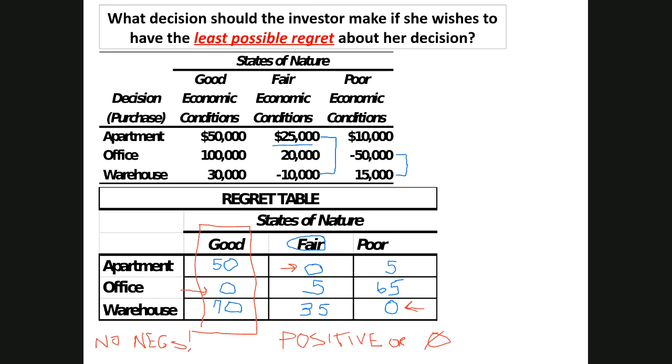All right. And so now our goal is that we want to avoid regret. And again, I said earlier that the process we're going to use is the minimax regret. In order to calculate that, we look at each one of these possible decisions and choose the maximum regret for each one.